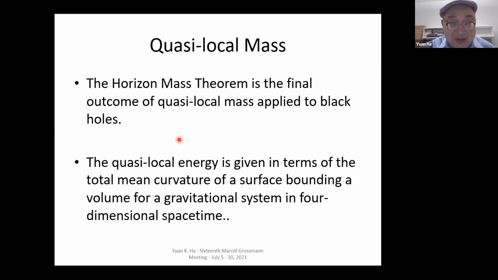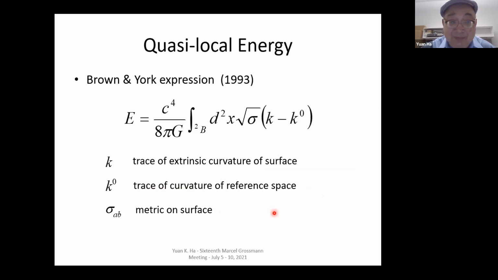Now, the meaning of quasi-local mass is this. The quasi-local energy is given in terms of the total mean curvature of a surface bounding a volume for a gravitational system in 4-dimensional space-time. The Brown and York expression from 1993 is shown here.